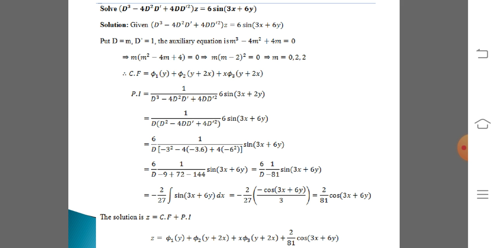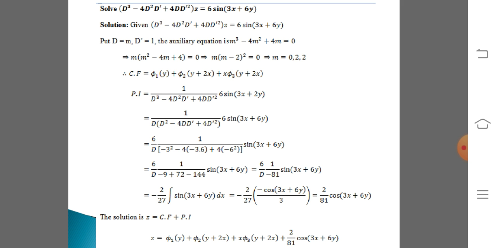So, we have m into m minus 2 whole square equal to 0. This implies either m equal to 0 or m minus 2 whole square equal to 0. M minus 2 whole square equal to 0 gives m equal to 2 comma 2. Therefore, the roots of the auxiliary equation are m equal to 0 comma 2 comma 2.